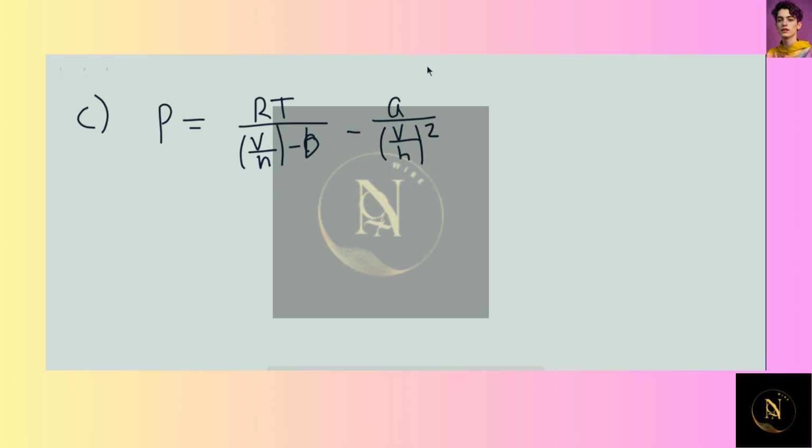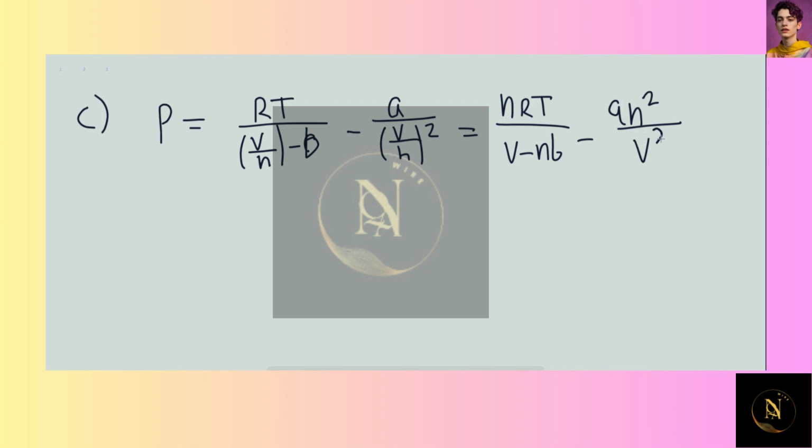I always mess that up. And so we can expand this a little bit to make it easier to calculate things. This is equivalent to nRT over (V minus nB) minus A n squared over V squared.